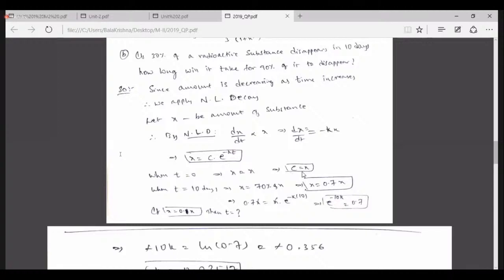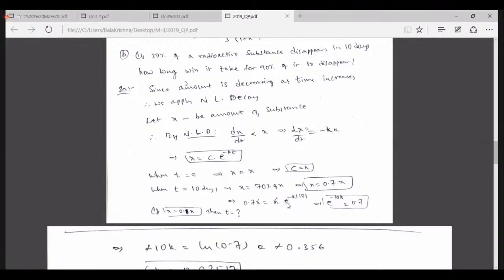But the second condition he is saying, in 10 days, 30% of that substance is decreased. That means in 10 days, how much remains? 70 percent of that actual amount. So when time is 10 days, x, the amount of the substance, will be 70 percent of that actual amount. Therefore, x is equal to 0.7 into x. Okay. So use this condition so that you will get the k value.